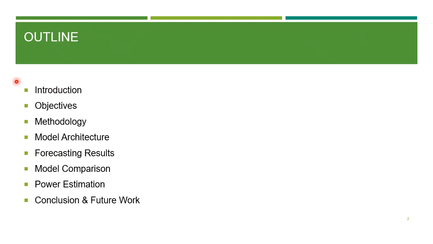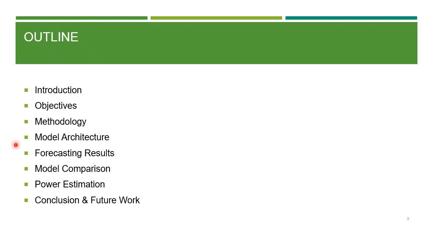Here is an outline for today's presentation. We'll start with an introduction to the problem of the project and also the objectives of the project. Then I'll walk you through the methodology that includes the data processing and model design.